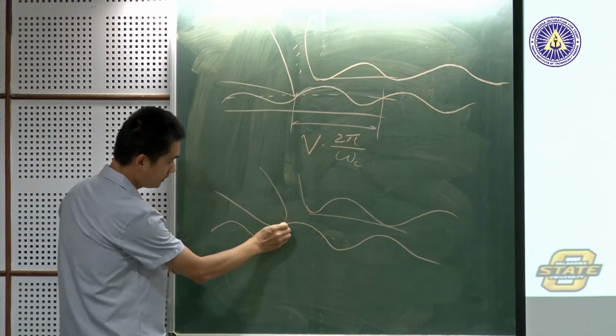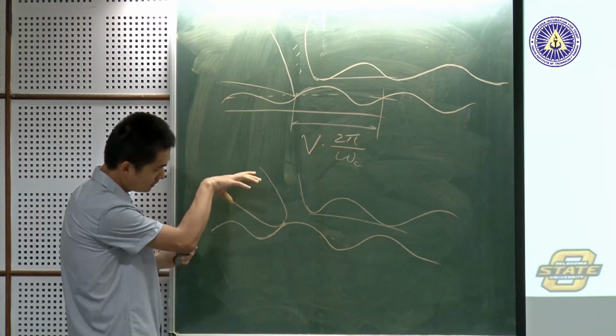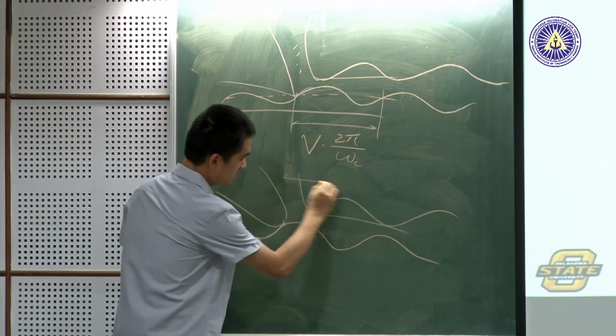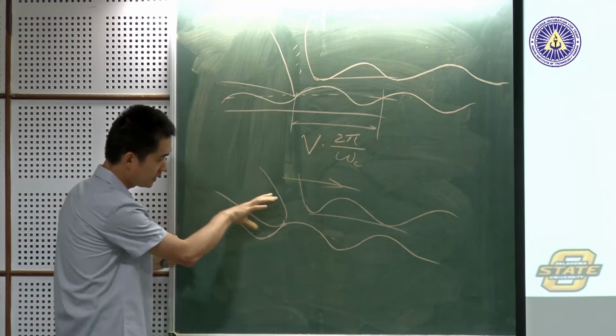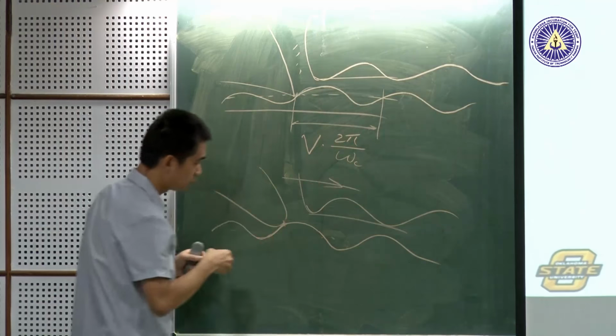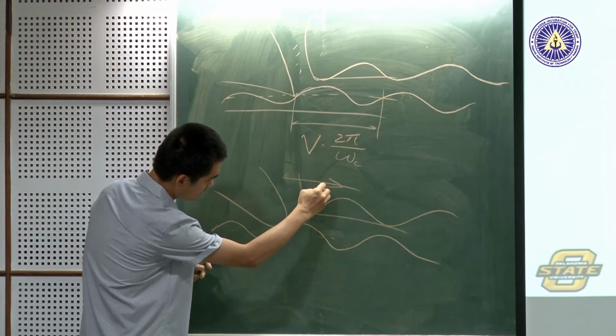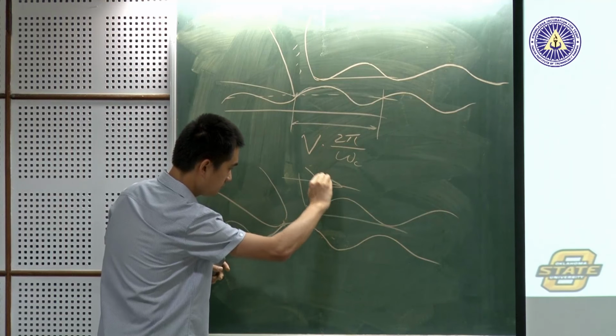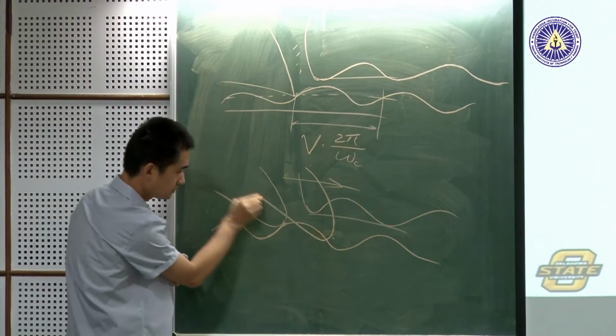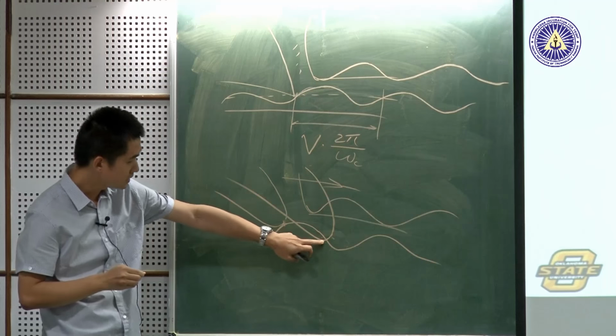Here is a contact point. The tool first moves in this direction, and at the same time it has waves from vibration. But what happens? The tool is cutting to here. If I draw the tool edge at this location, you see, it's the same contact.